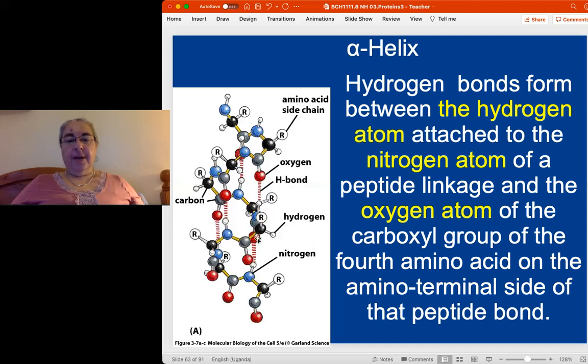So 4 amino acids between the 2 involved in the hydrogen bond, and you can sort of count round and see for each of them.